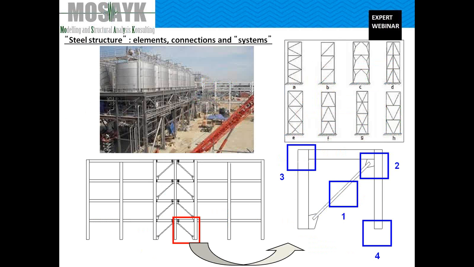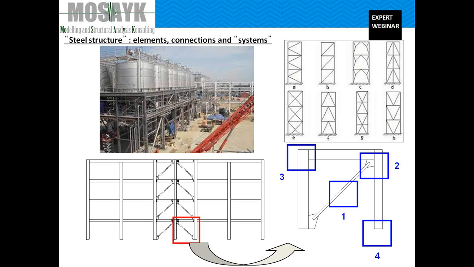Let's move to the second topic of this presentation, almost at the end, on steel structures. Concentrically braced steel frames are commonly used for seismic design in high seismic areas due to their high stiffness and strength, when compared to moment resisting frames.